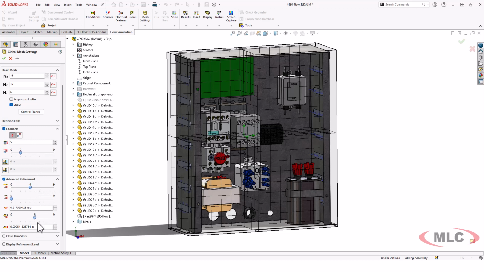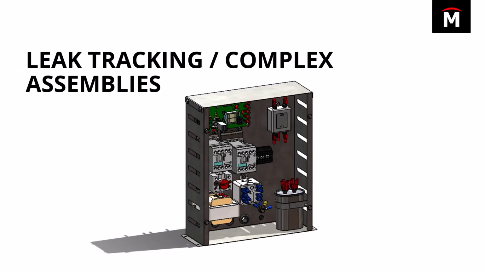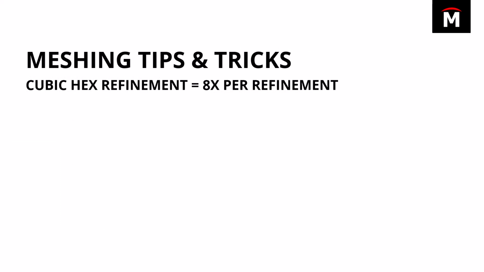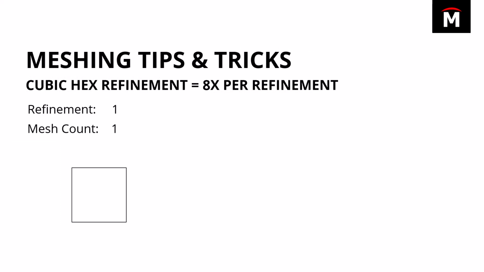This is a problem, right? Let me talk about what exactly meshing is doing and why it's so problematic. When you do a mesh, you start out with a basic mesh. Each element in that basic mesh is one element, one data point. And if you refine that to level 2, you split that in 3 directions, right?